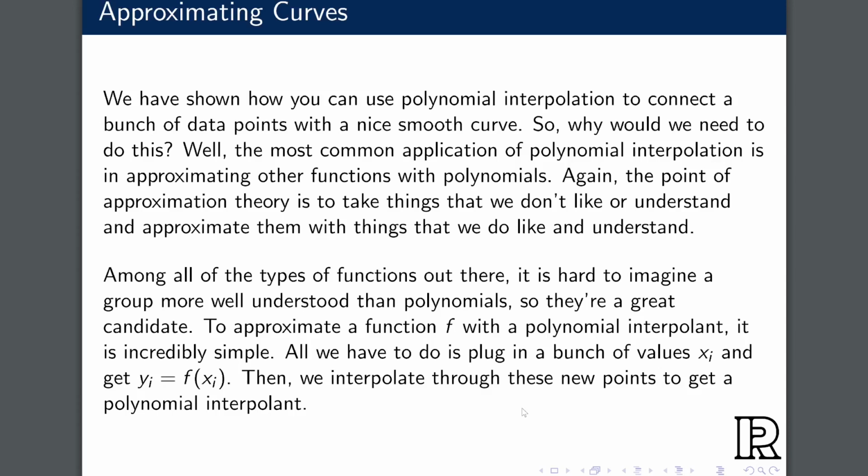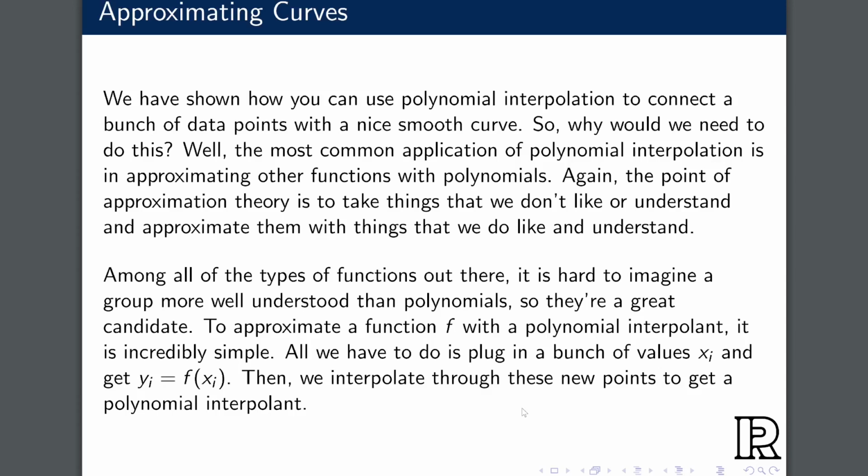Well, if you have a function, one way of getting points out of it would be to take that function, take some values of x, plug those values in, and then interpolate through those data points. And this is exactly what we're going to do. You just have a function f that we want to approximate using a polynomial interpolant.